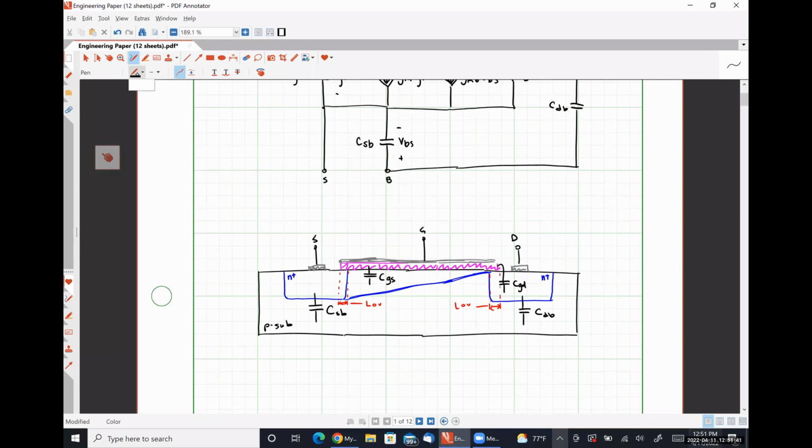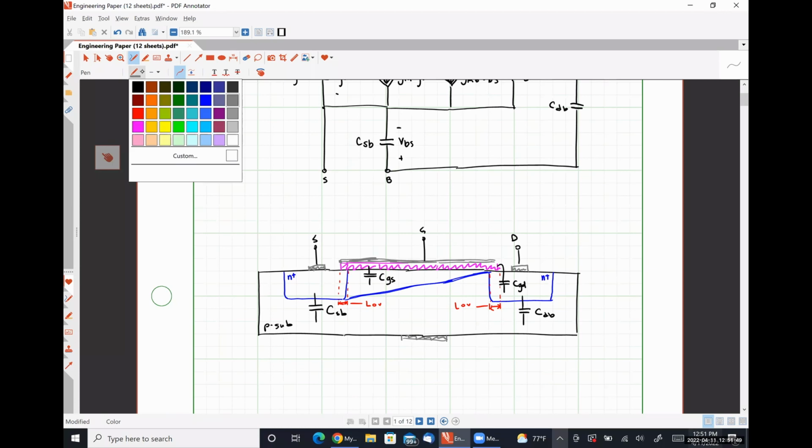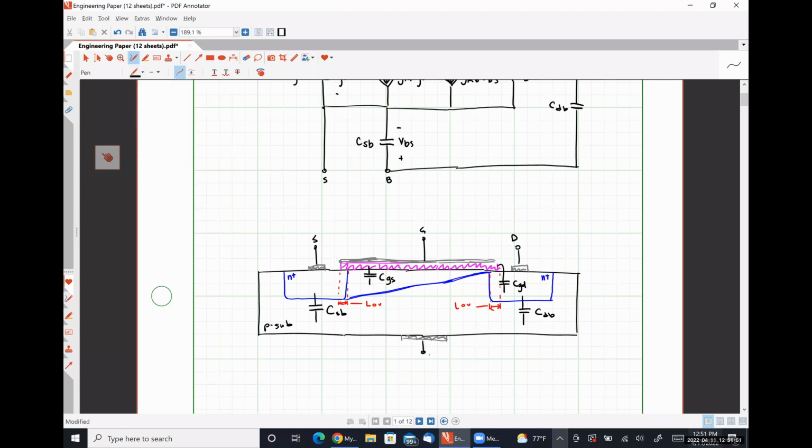Finally, on the back side of the wafer, it isn't physically located here, but just for the sake of argument, we would have our body terminal. In truth, the body terminal would be implanted in a P+ region connected directly to the P substrate so that we would have an ohmic contact.